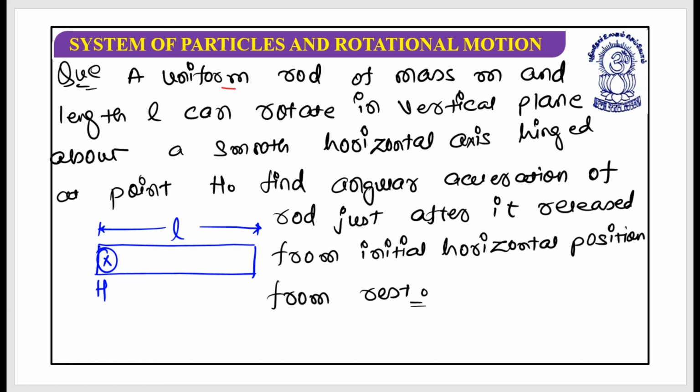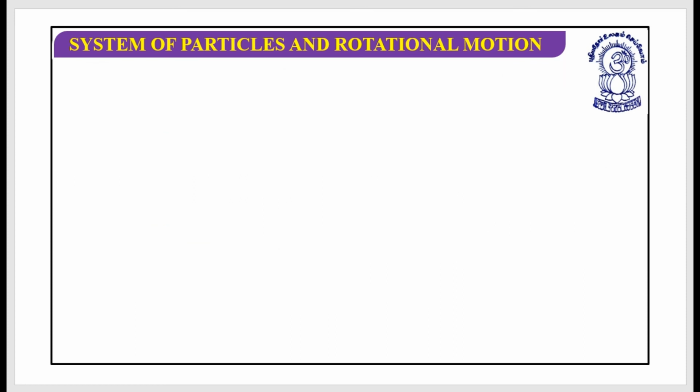It's a uniform rod having mass m and length l, which can rotate in a vertical plane about a smooth horizontal axis hinged at point H. So find the angular acceleration of the rod just after it has been released from the horizontal position. Do you have any idea what could be done?